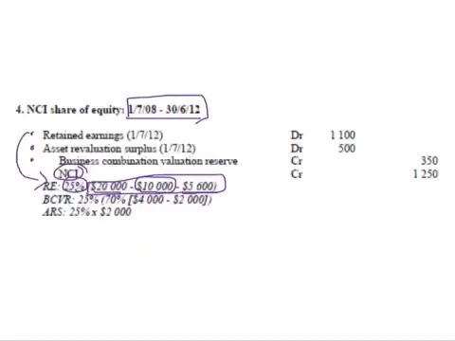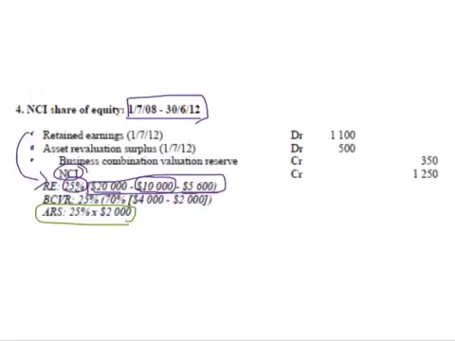The following adjustment is for asset revaluation surplus. Now, on acquisition date, there was no asset revaluation surplus, but if you look at the financial information, you'll see that you now sit with an asset revaluation surplus with an opening balance at the beginning of the current financial year.